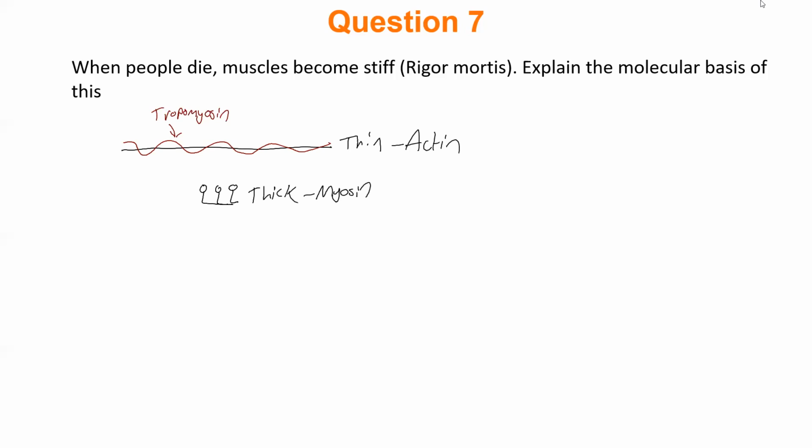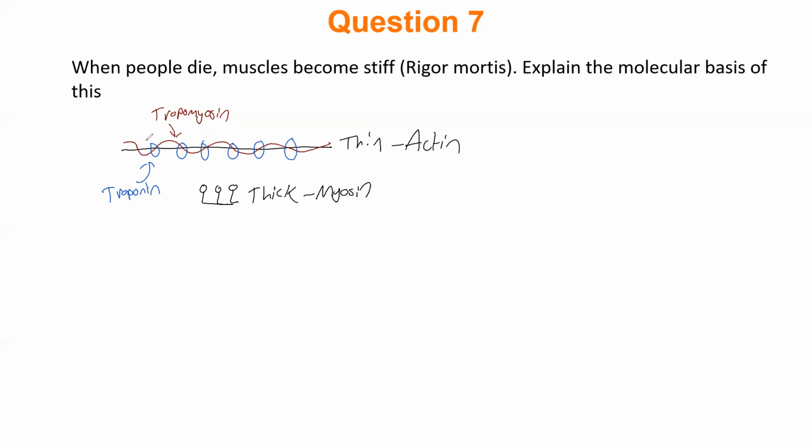And on this, you have troponin. If troponin and tropomyosin are on actin, then myosin cannot bind.